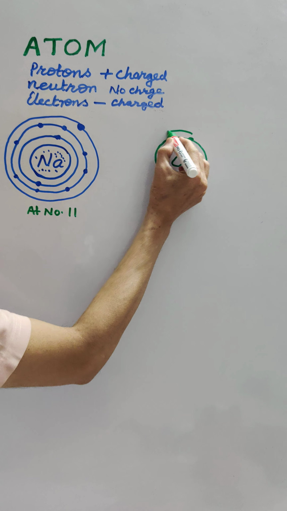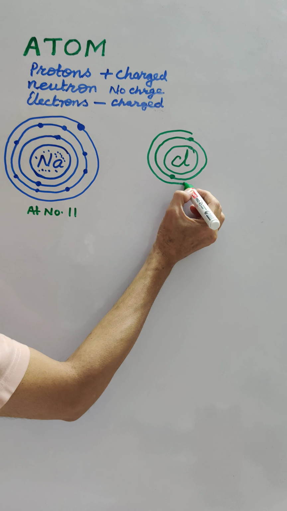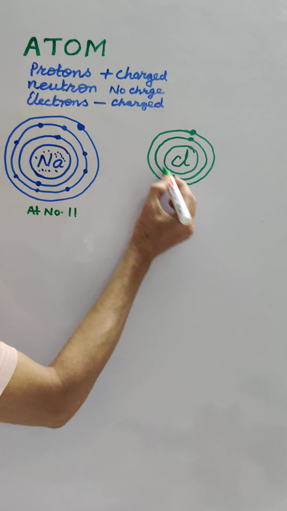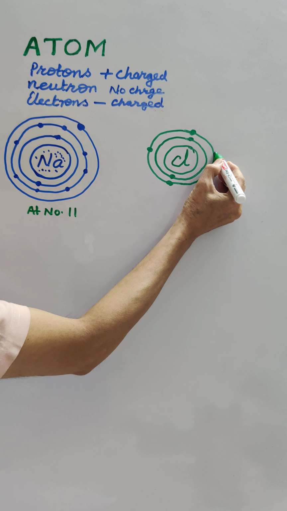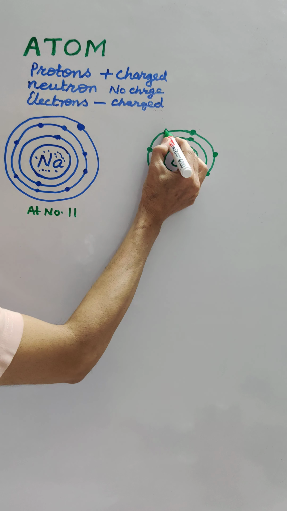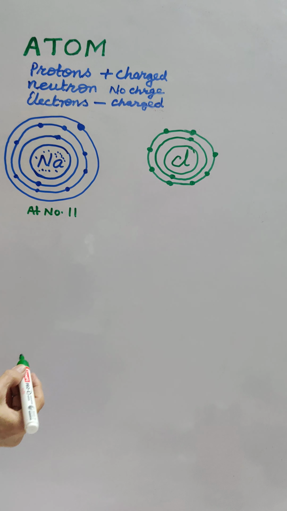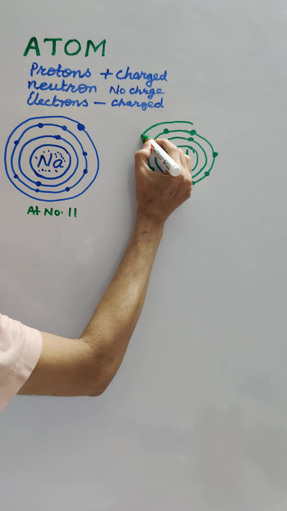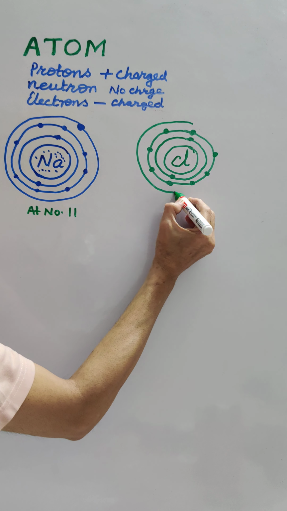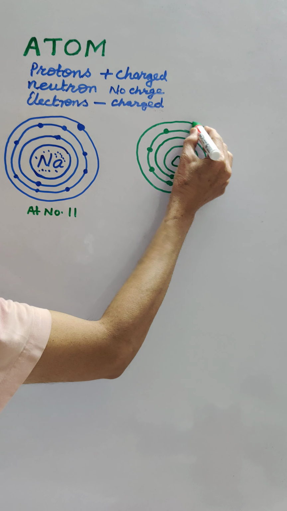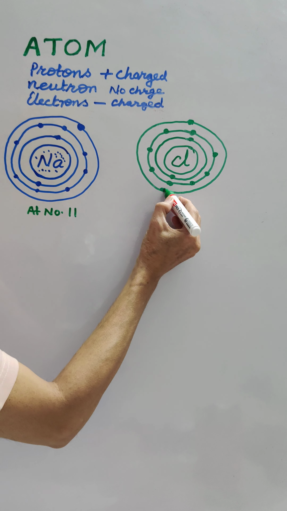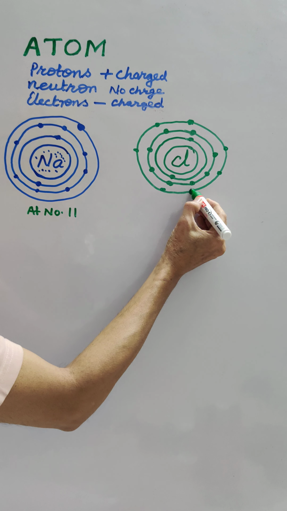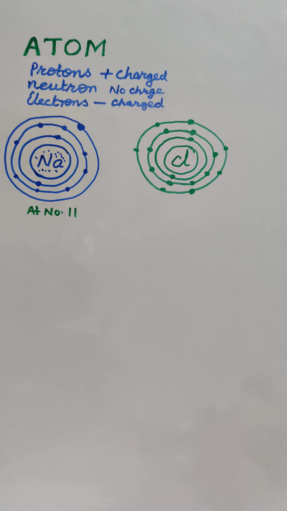In the second orbit there will be 8 electrons, 1, 2, 3, 4, 5, 6, 7 and 8. And in the third orbit there will be 7 electrons, 1, 2, 3, 4, 5, 6 and 7.